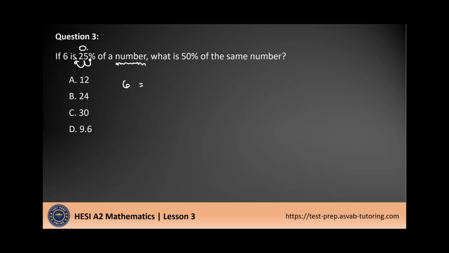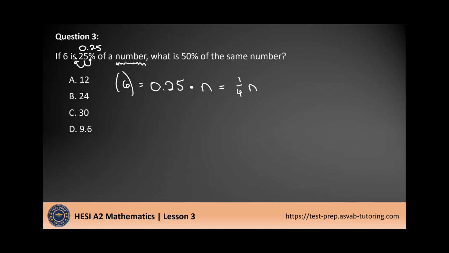We have 0.25. So 0.25 of means multiplication, and n for now we will call n. Okay, we have 0.25 times n. We should know that 0.25 is equal to the fraction 1/4. So this is 1/4 n.